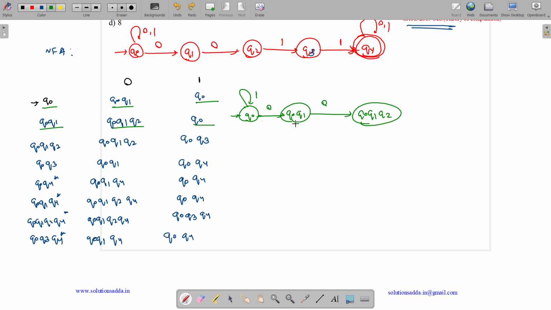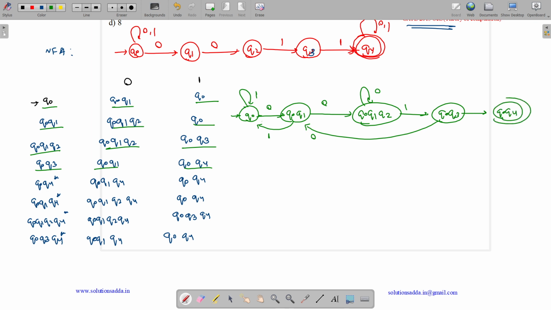So this was the mistake: Q0 Q1 on a 1 goes to Q0. Q0 Q1 Q2 on a 0 goes to Q0 Q1 Q2, and on a 1 goes to Q0 Q3. Q0 Q3 on 0 goes to Q0 Q1, and on a 1 it goes to Q0 Q4. Q0 Q4 is our final state.